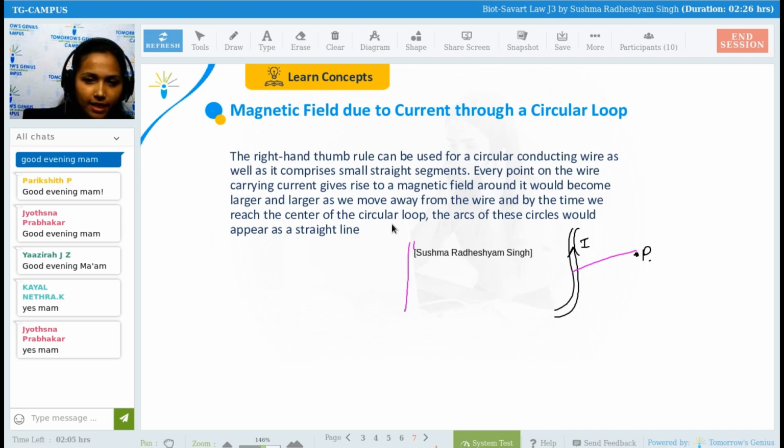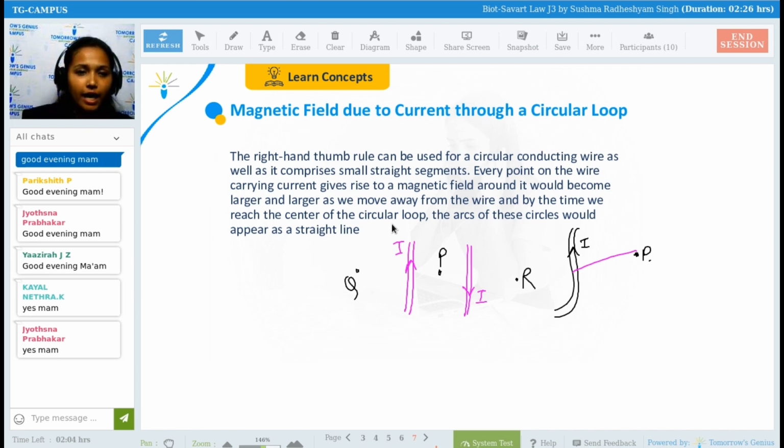In a similar manner, let's say this is my conductor with current I, and here another conductor with current I. Now let's consider a point P, a point Q, a point R. Please tell me, what is the magnetic field at P, at Q, at R? One by one. Anyone? Unmute yourself and tell me. Dharmeshwar, you try?